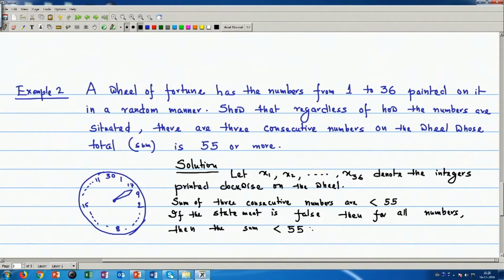We have 36 numbers. As if this is my x1, this is x2, x3, x4, and in this way I have x36, x35, x34.